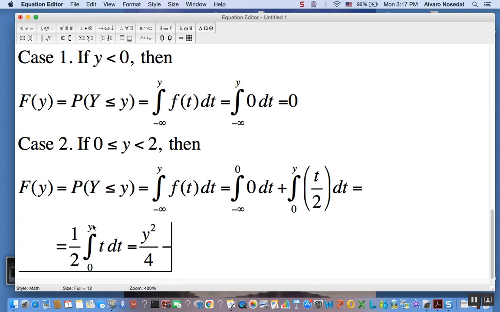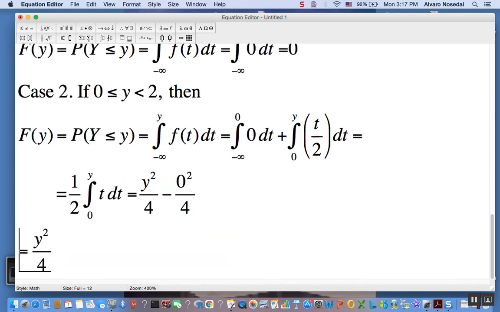Then we evaluate at y, and then minus, just to be super explicit, 0 squared divided by 4. So in the end, this is just y squared divided by 4. Make sense? So that would be F at y, and we might as well put it in the next line.